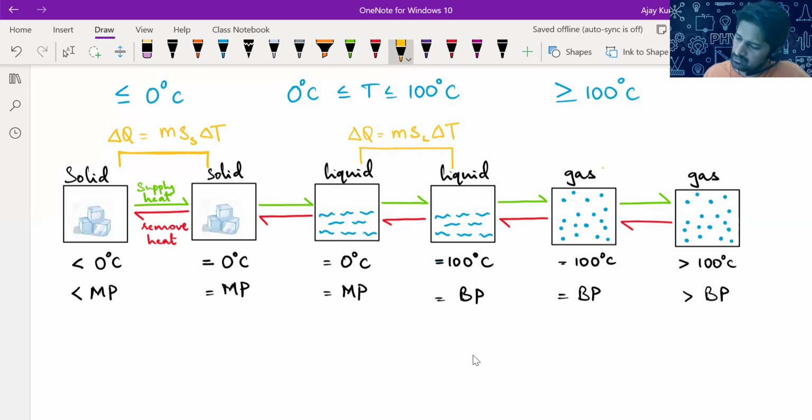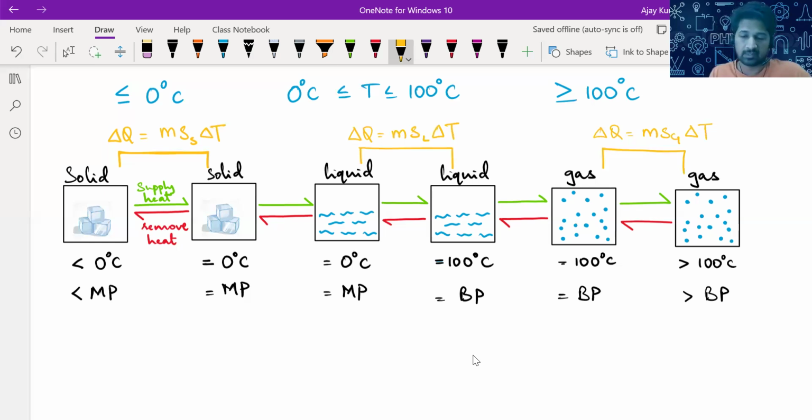Same in gaseous state also. Without change of state, if temperature change is happening, you will use m c_gas delta T to find out how much heat is absorbed or released for a certain temperature change.